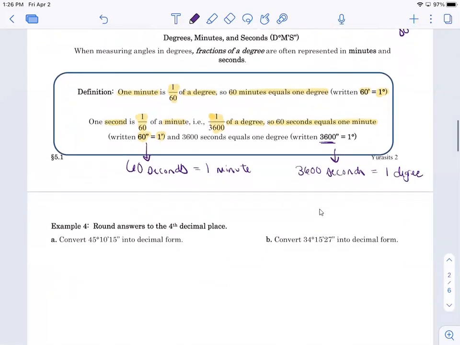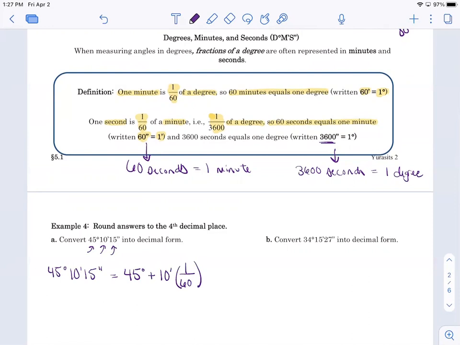Example 4, it's giving it to me in terms of degrees, minutes, and seconds, and I want to know what that is as a decimal. So if I want to convert this, I'm going to say 45 degrees, 10 minutes, 15 seconds equals, my degrees are whole, so that's good, plus this is 10 minutes, but I know that's 1/60th of a degree.